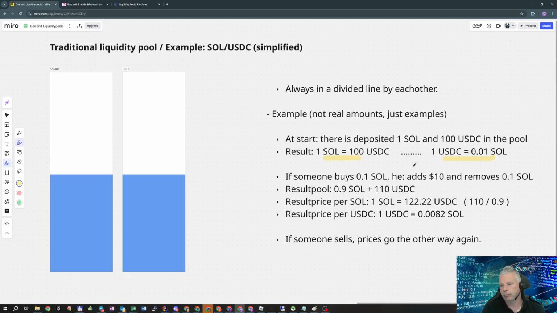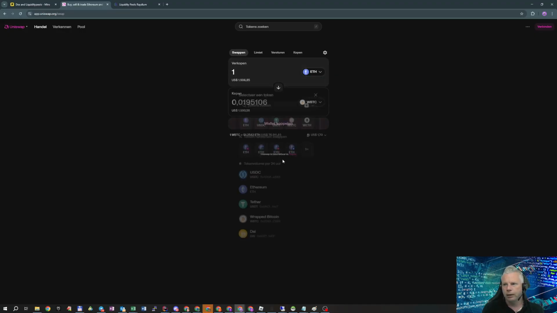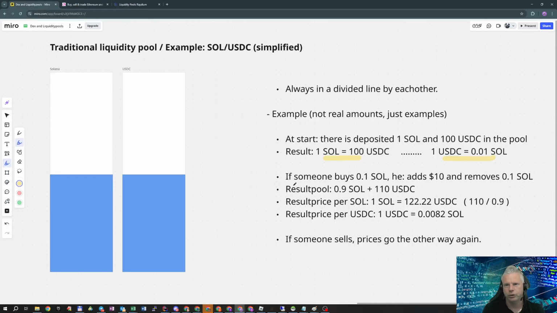So this makes sense. It works one way and the other way. Let me show you quickly here. If we go back to Ethereum, one ETH is 1500. If we change it, one USDC is 0.0006 ETH, which is the same structure as you see here.